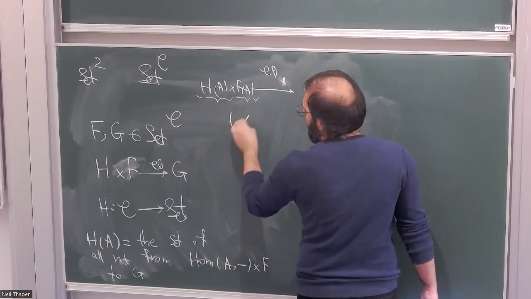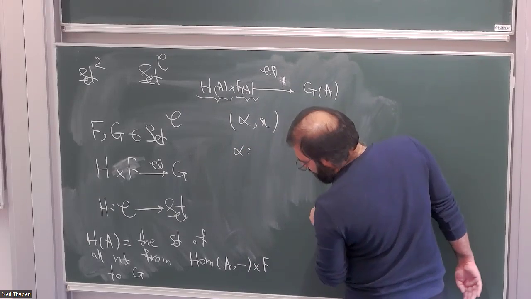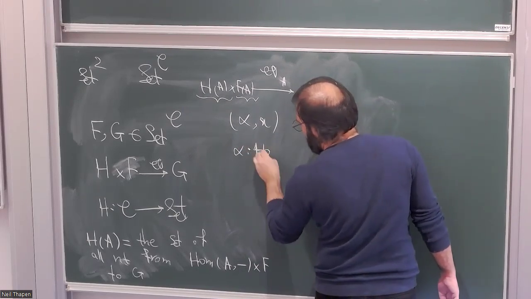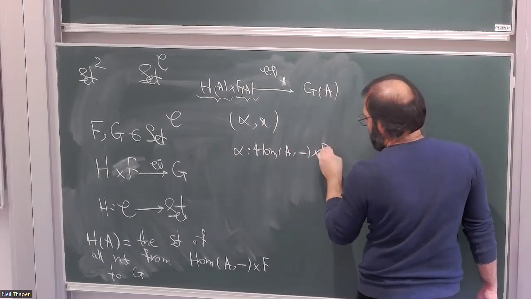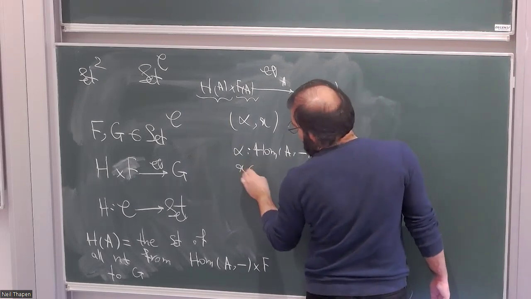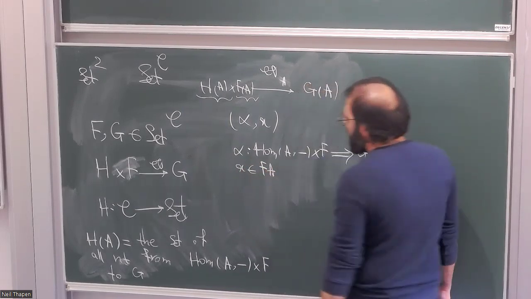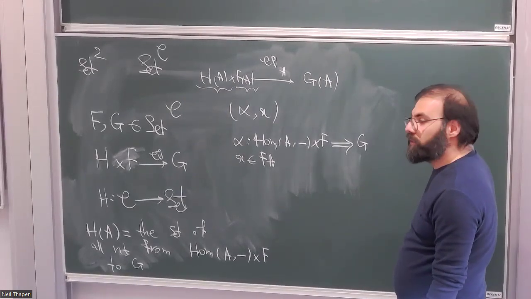So you have alpha and X. Your alpha is a natural transformation from hom of A, nothing, times F to G. Your X is an element in F of A, and at least there is a canonical way to really apply one to the other, right?